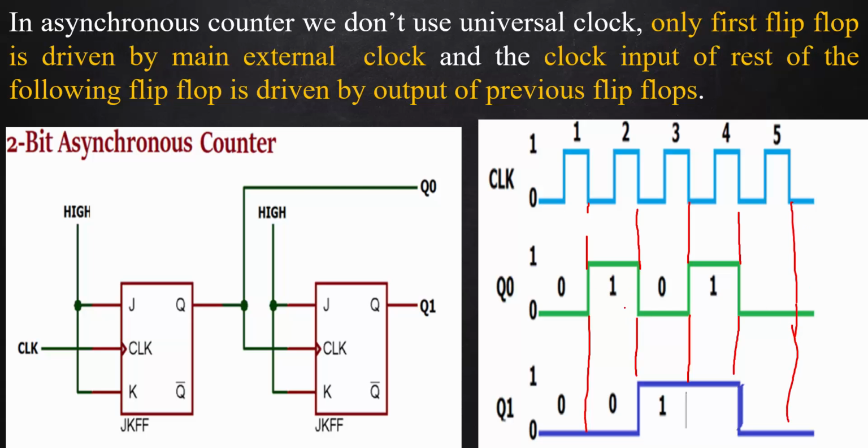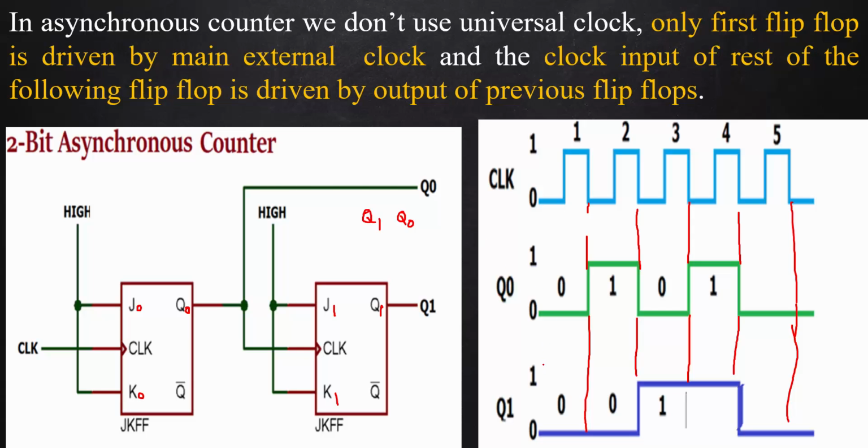In the first clock pulse, what is the pattern? How can we represent it? In Q1 Q0 order. Why is it Q1 Q0 order? Q0 should be your LSB, because this is the flip-flop which is directly connected with the external clock pulse. That particular flip-flop is going to generate the LSB bit. This is Q1.